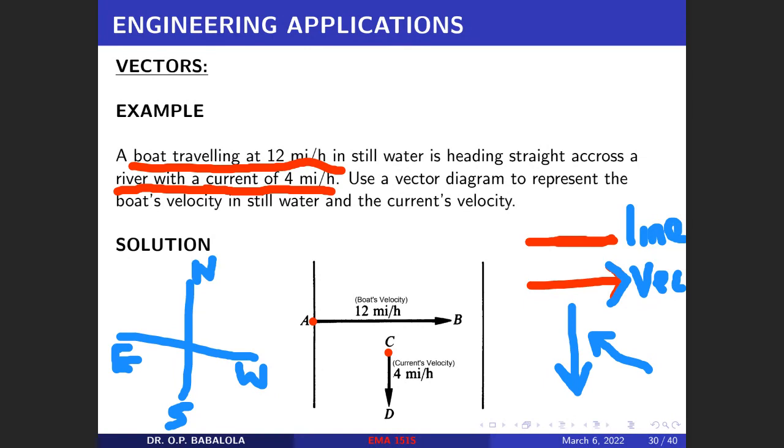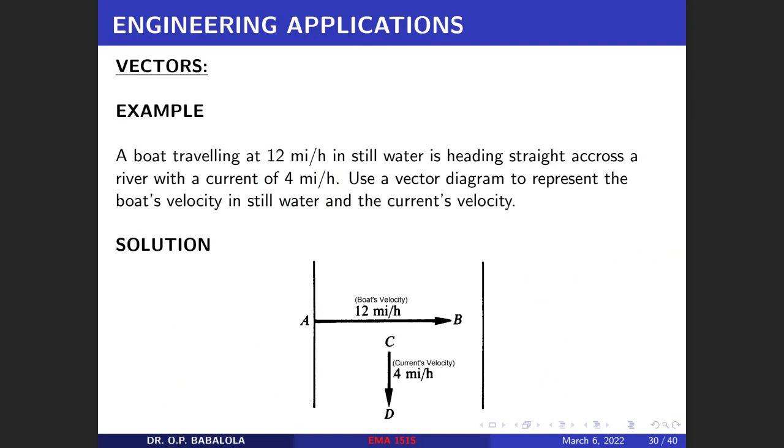I need to clean this. Sorry, I missed that. North, south, west, east. So it's north, south. Thank you. West, east. So you have your poles, and this will help us to know the direction.